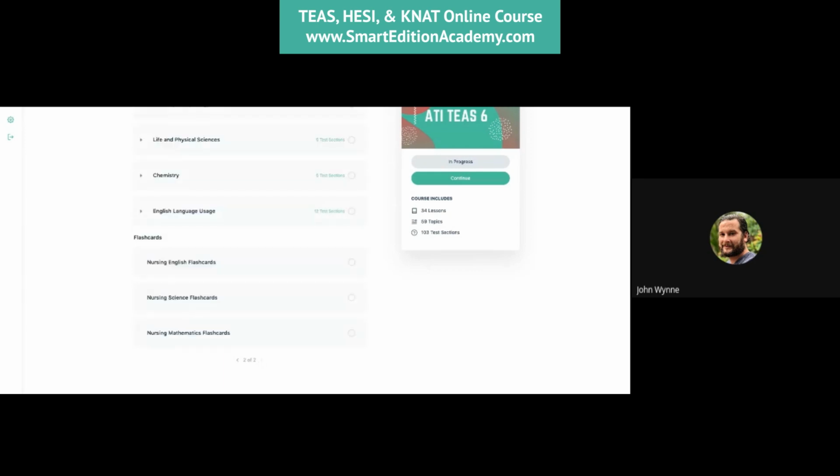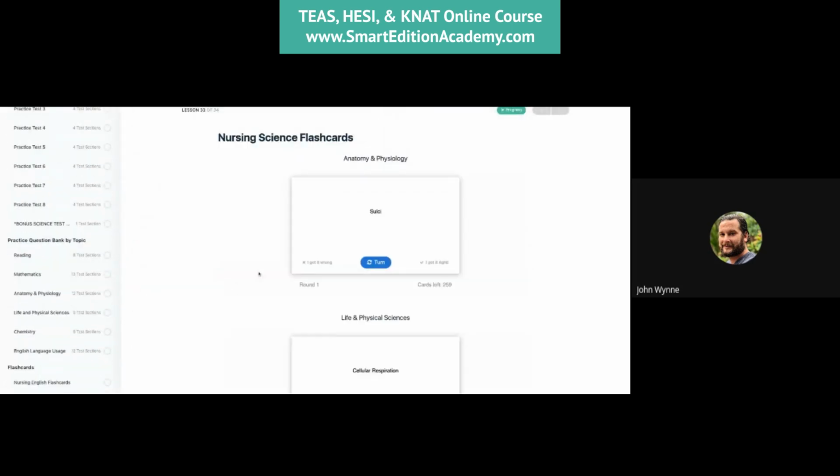And so we're going to have flashcards in 2 different places. I showed you within the actual lesson module, we have flashcards. I think I showed cardiovascular, and we have just the cardiovascular questions. But at the end of the course here are larger sets of flashcards. So if I go into the science flashcards, it's going to give me the entire anatomy and physiology deck, and that is 259 flashcards.